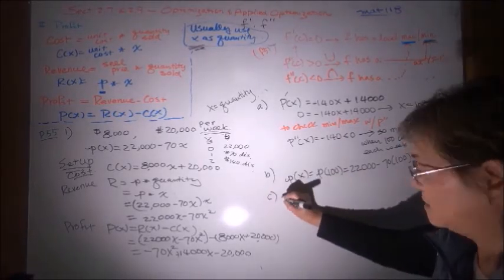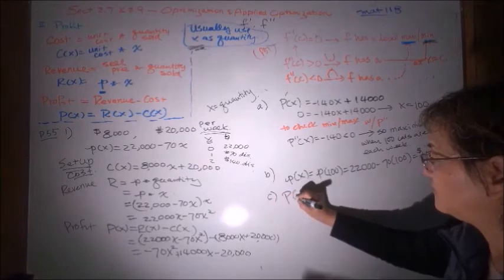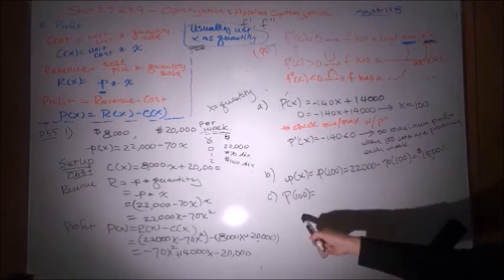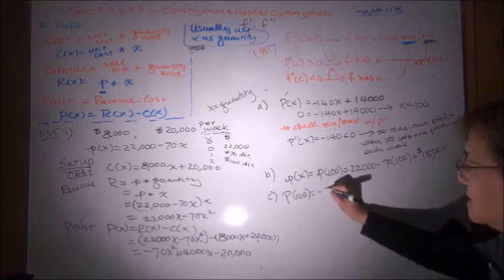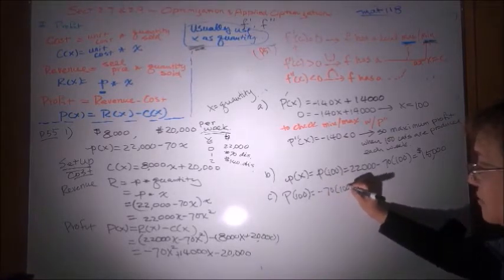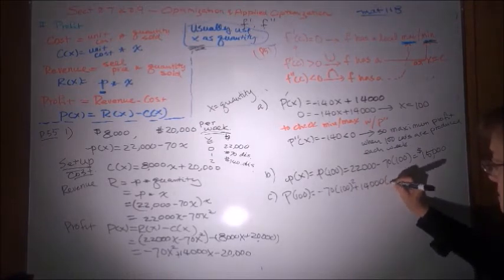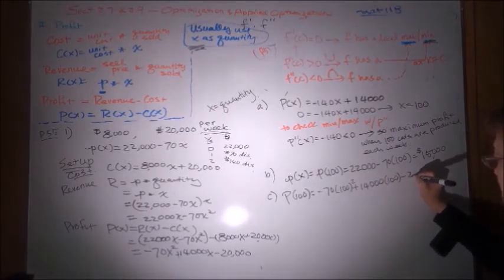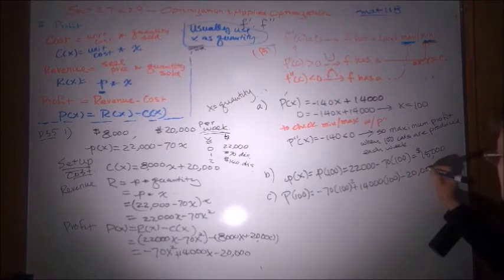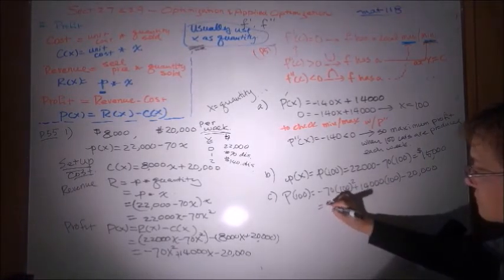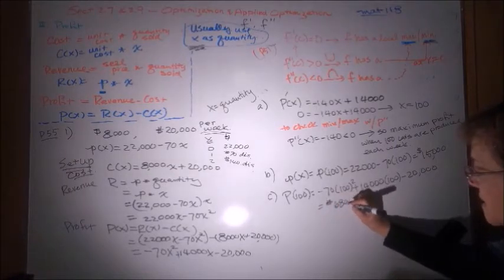Okay, then let's see what kind of profit you will have. So you plug in. So your equation is here, negative 70 times 100 squared plus 14,000 times 100 minus 20,000. So that would be 680,000.